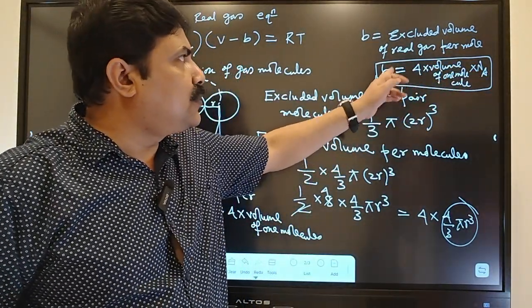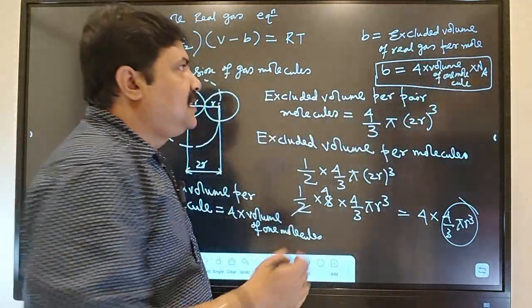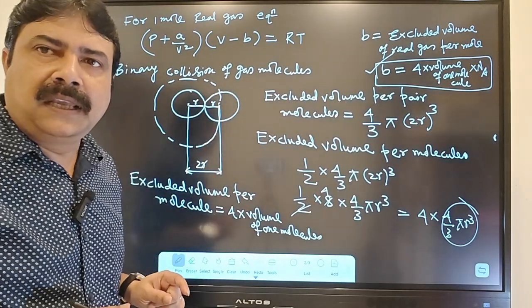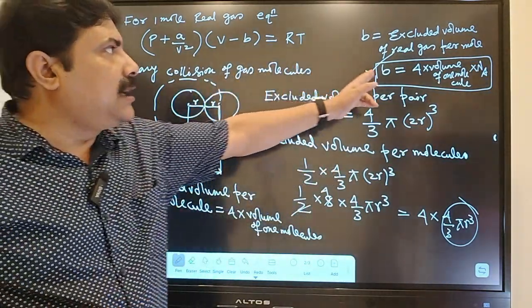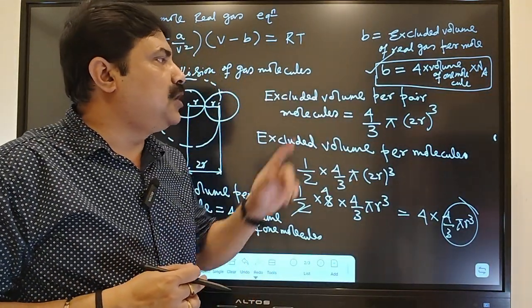That's why B equals 4 into the volume of one molecule into Avogadro number. We will utilize this concept to solve this problem. I explained the excluded volume very clearly, and correlated B equals 4 into the volume of one molecule into Na.